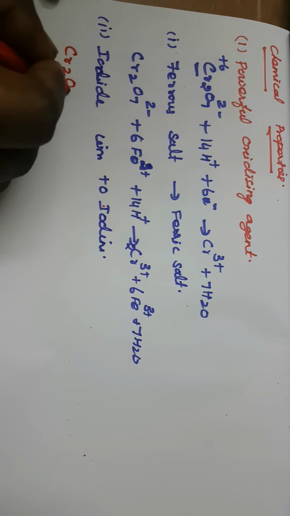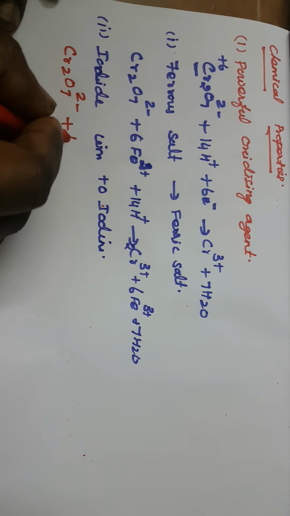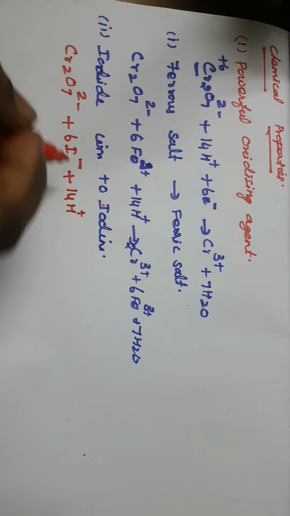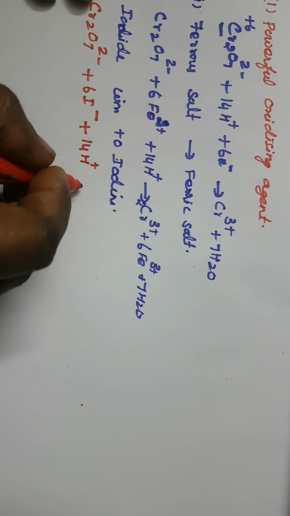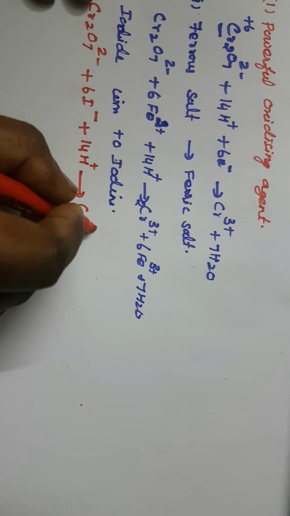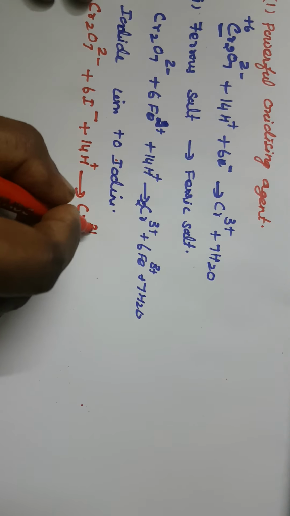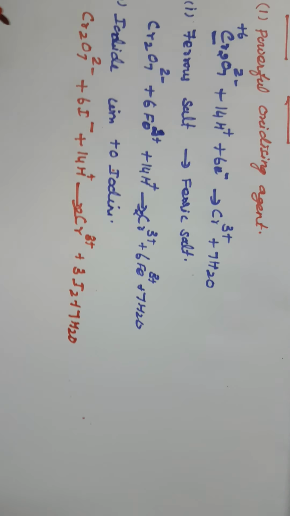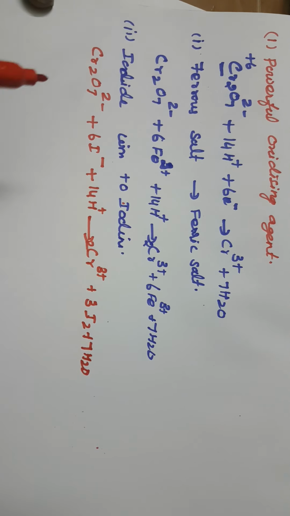Dichromate Cr2O7 2 minus plus iodide ion plus 14H plus. Again iodide is converted into iodine, giving Cr3 plus, 3I2 plus 7H2O. So this is the iodide ion converted into iodine.